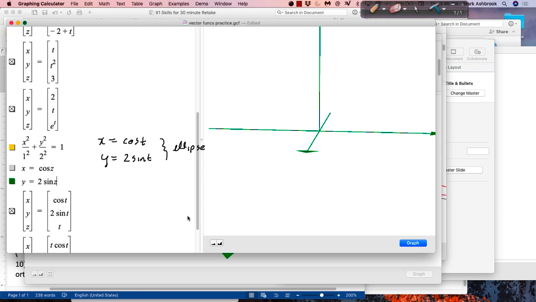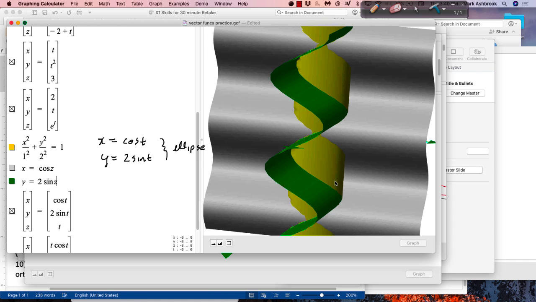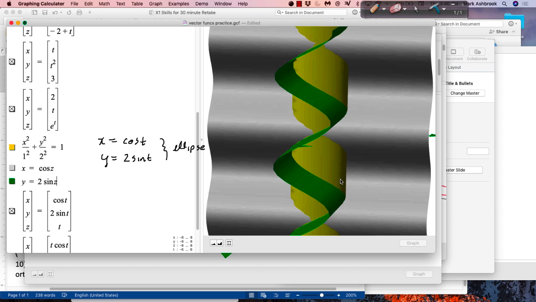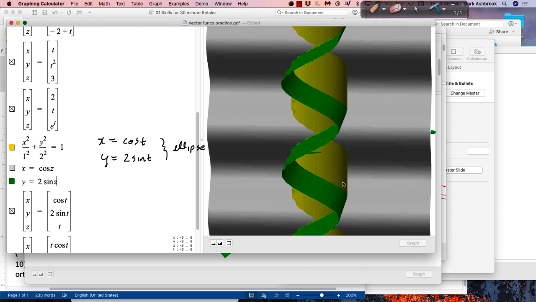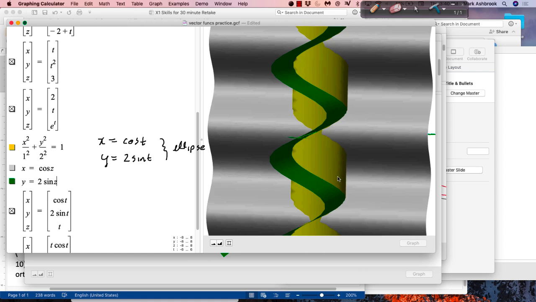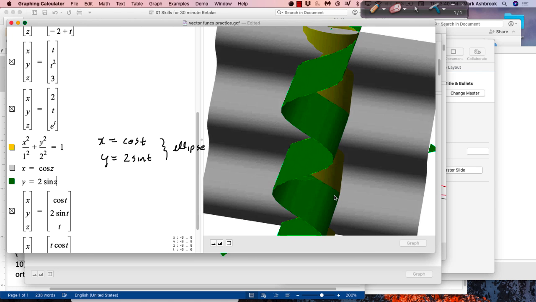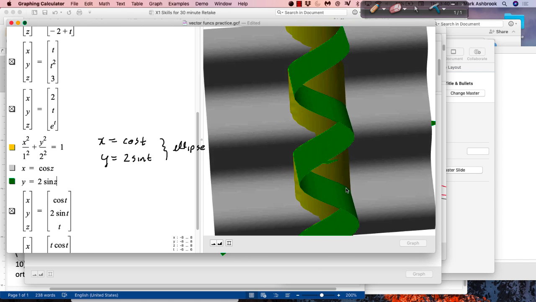You ready? Should we graph them all at once? So the green one is my y equals sine 2z. The gray one is my x equals cosine z. And then the gold one is the elliptical cylinder. So then the intersection of all 3, I'll have to make it a little bigger here.